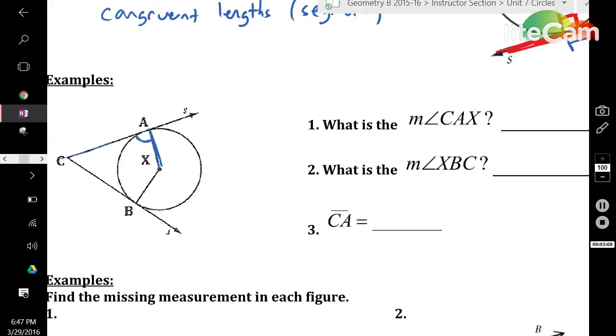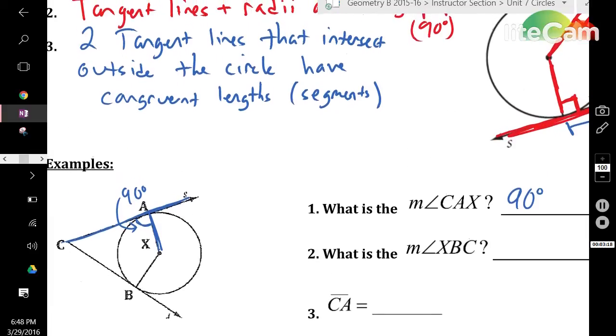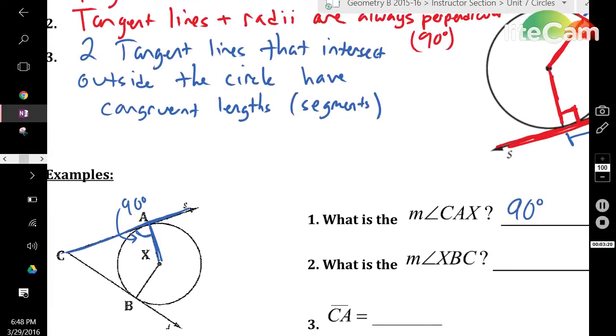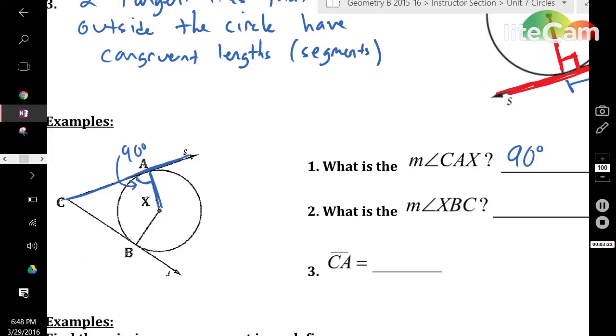I know this is a tangent line, making CAX a 90-degree angle due to property number 2 that I wrote up there. Tangent lines and radii are always perpendicular. XBC, the measure of that angle, well, it's the same exact definition. You have a radius, you have a tangent line. I know that's going to be a 90-degree angle, just like this one up here.